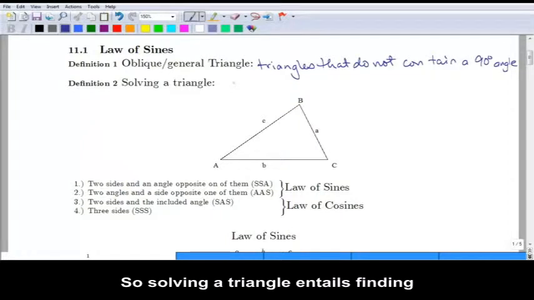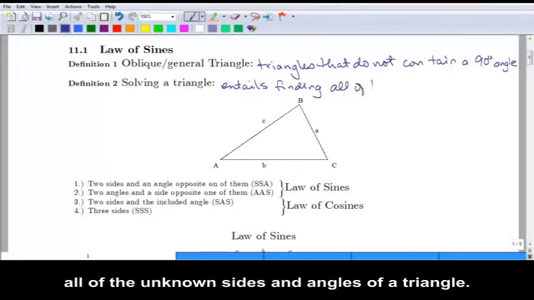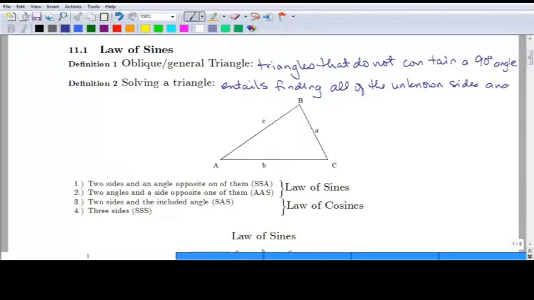So solving a triangle entails finding all of the unknown sides and angles of a triangle.